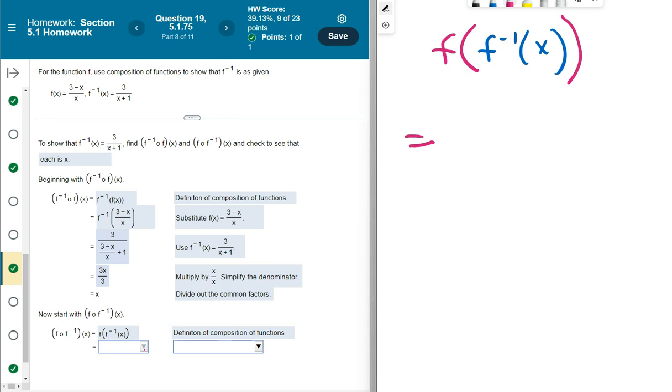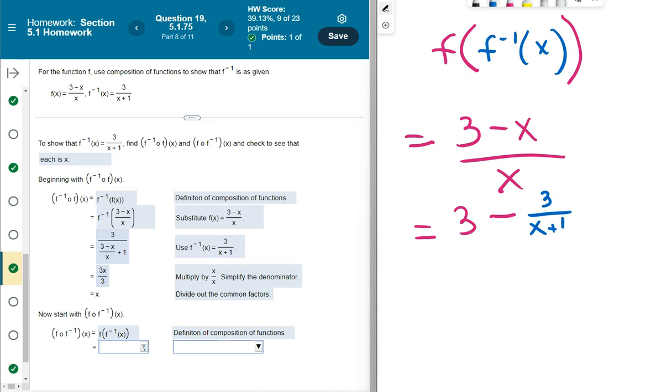The pink function is 3 minus x over x, and what we're going to do is substitute the blue function where the x's are. So the blue function, which is the inverse function, is 3 over x plus 1. Although actually, what do they do first?